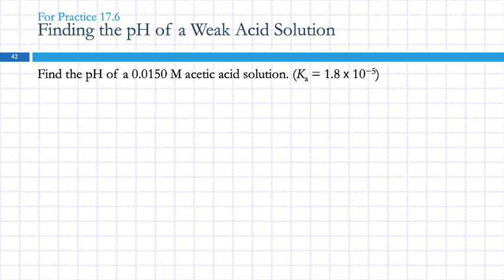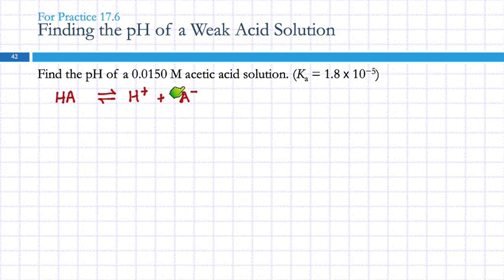And so a common thing is to just call it HA, where A kind of stands for acid, right? It doesn't stand for acetate, but acid. And then what happens to the acid is it loses its proton, and then we get its conjugate base.